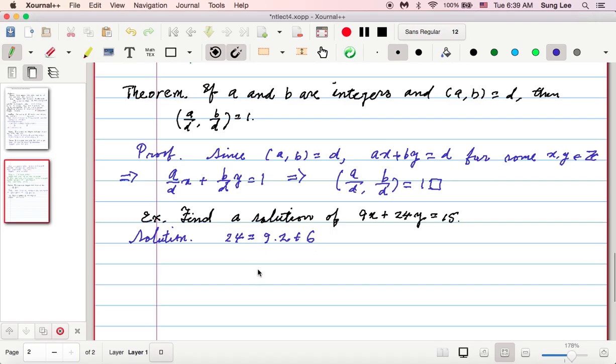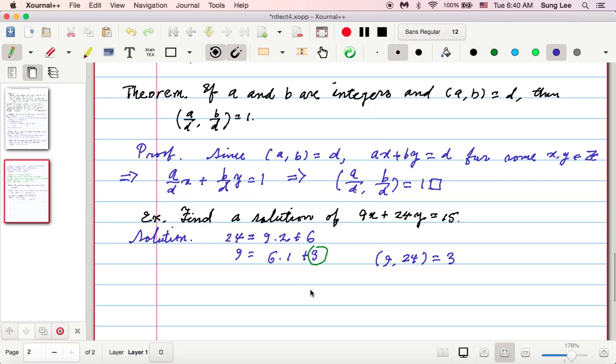Now if we divide 9 by 6, 9 equals 6 times 1 plus 3. So we see that this 3 is the GCD. The greatest common divisor of 9 and 24 equals 3.